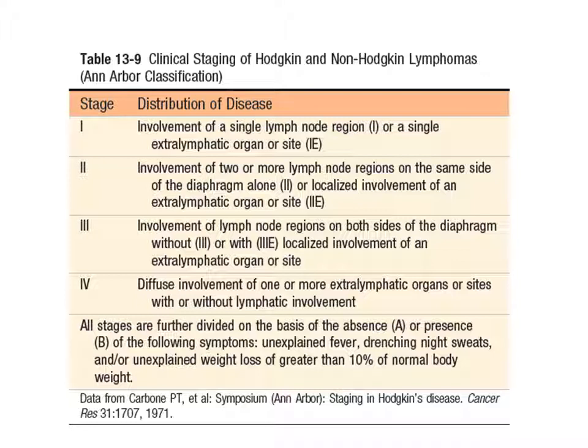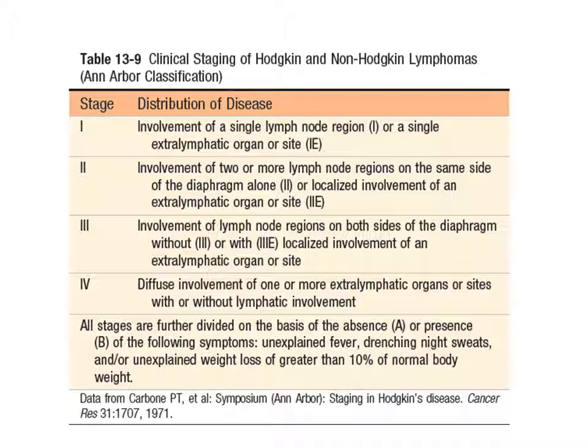These are known as B symptoms. If these are present, we label the case as stage 1B, 2B, 3B. If these are absent, then the stage is 1A, 2A, 3A, 4A.